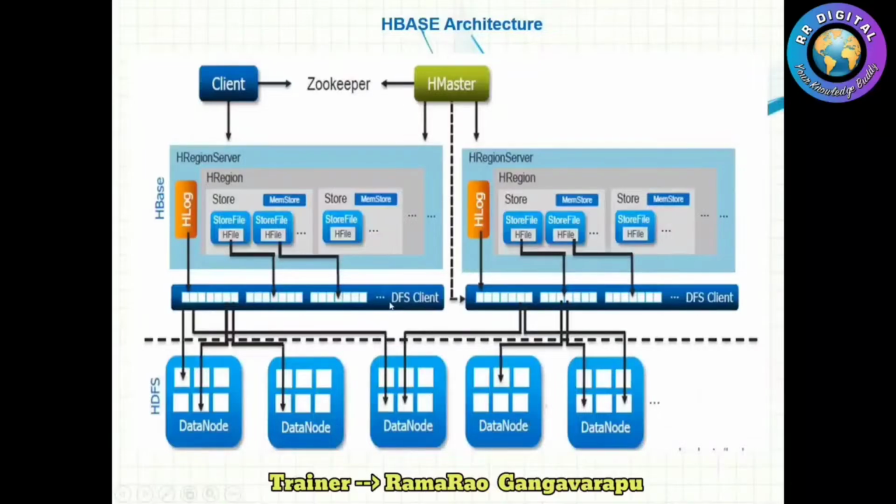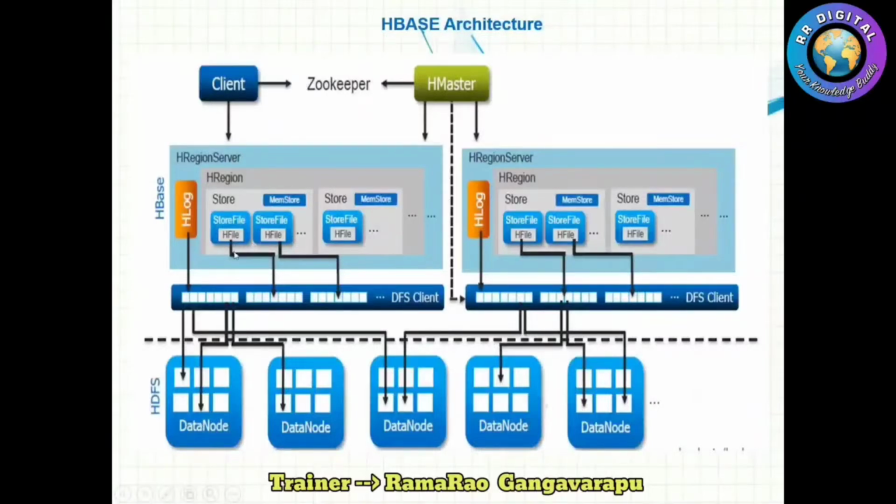Basically, DFS client is a mediator between your data node and an H region server. Both will run on the same machine only. But this is basically a built-in jar file, DFS client, a built-in framework or jar file. So this jar file, this client, will help you connect with your H region server and data node.